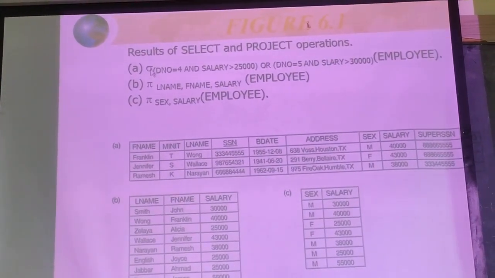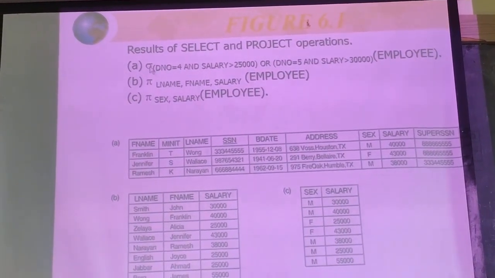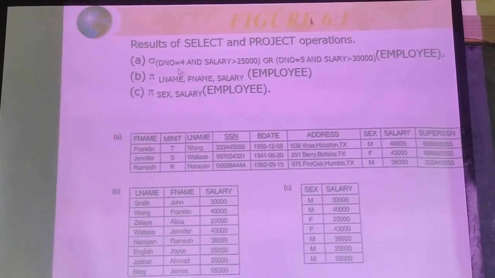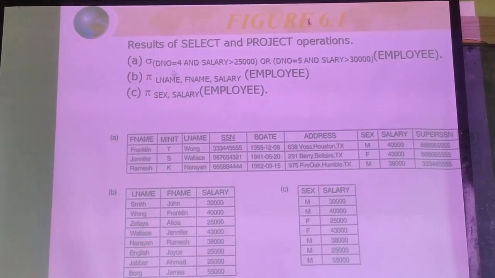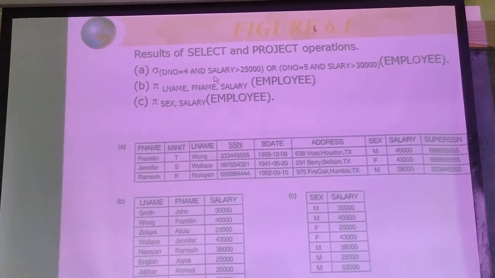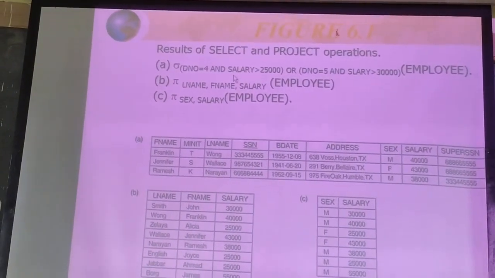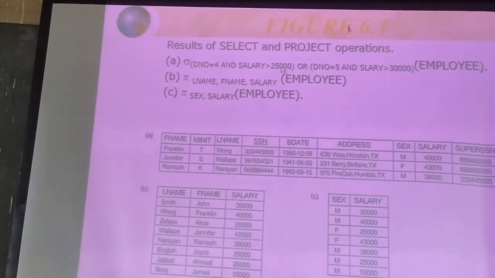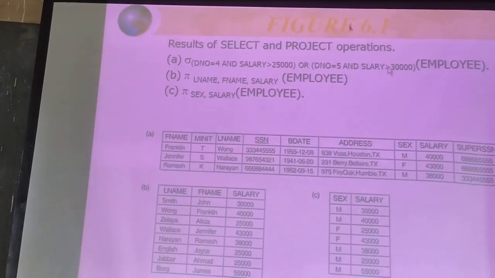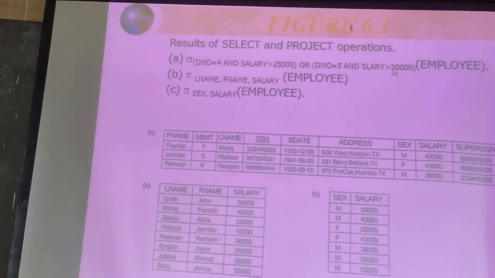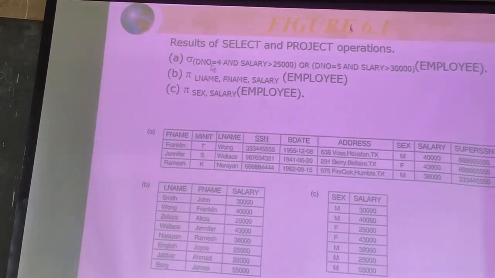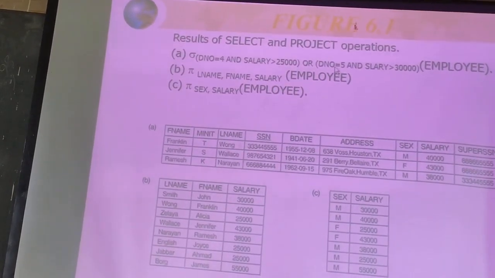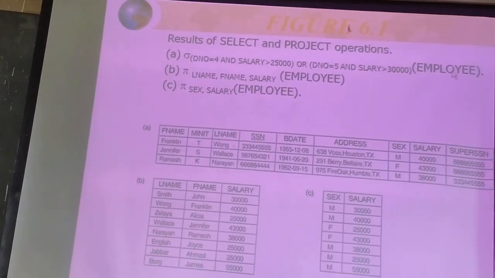how we can combine the project operation and select operation. Here, the sigma symbol indicates a select operation. It says that we want to extract the details of employees who are earning more than 25,000 or 30,000 and who are working in department number 4 or department number 5 from the employee table.